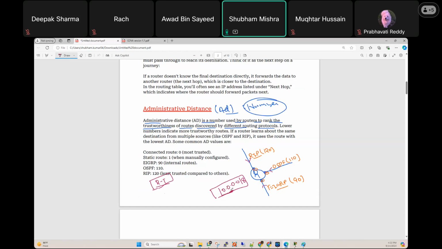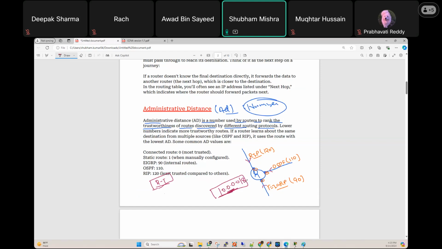Again telling, whenever the router receives any prefix information, no matter whether it comes from a routing protocol, or even if you configure a static route, default route, or any route on the router, the router stores all the prefix information in which table? Routing table.